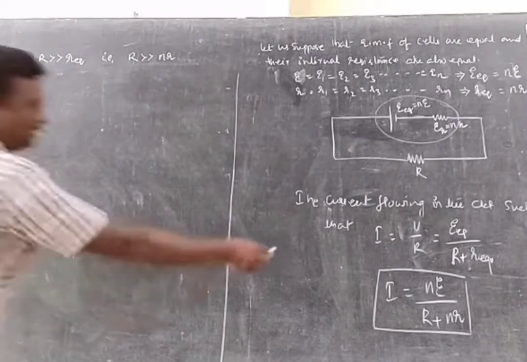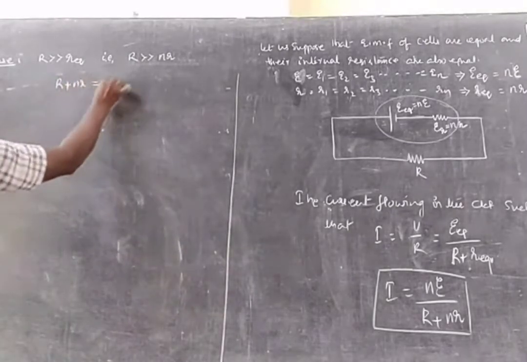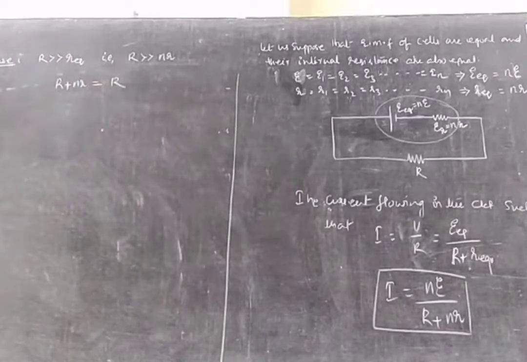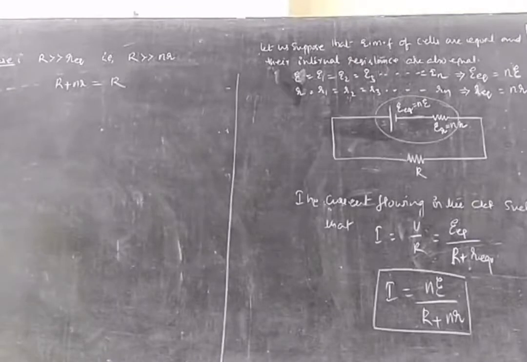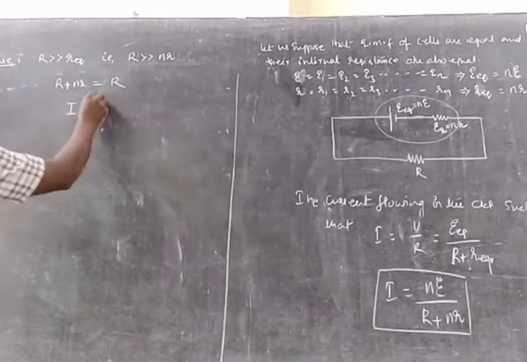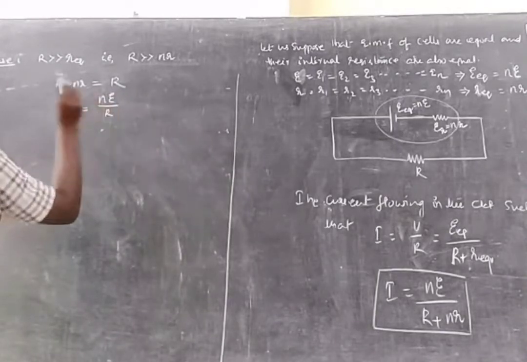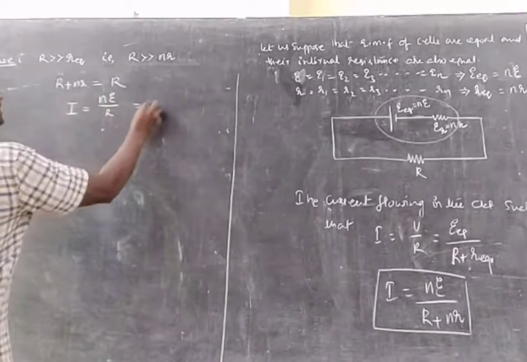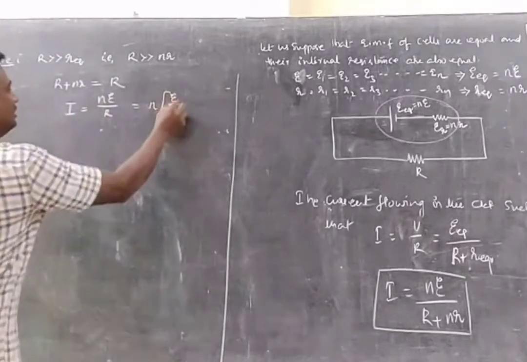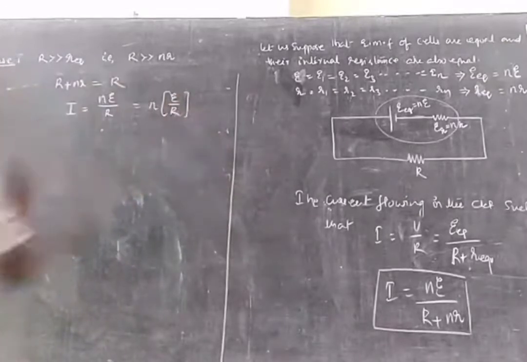Therefore, the denominator R plus nr is almost equal to capital R. Therefore, the current drawn can be written as nE by R.